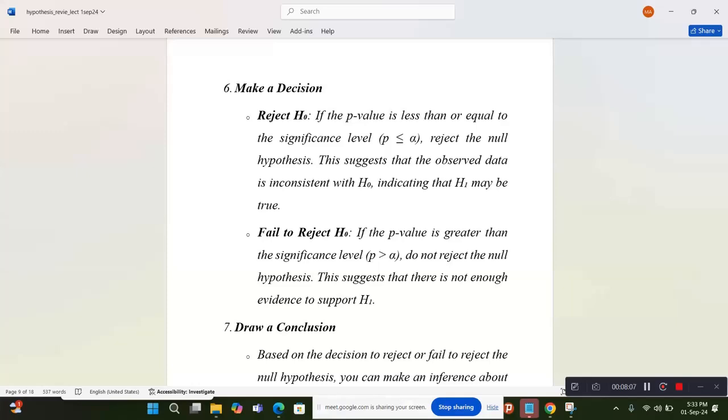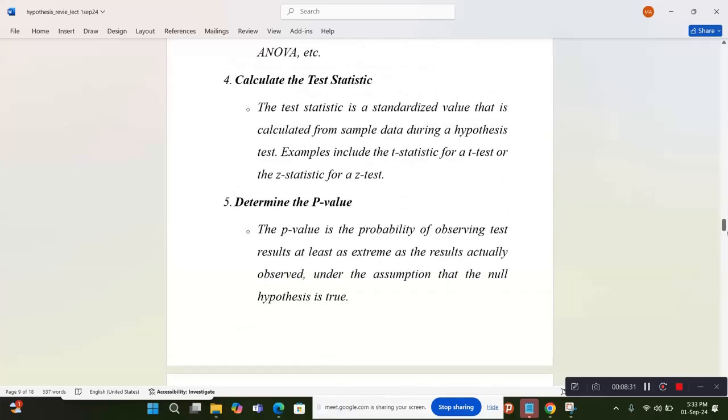You fail to reject H naught if the p-value is greater than the significance level, for example p greater than alpha. Maybe you've gotten a p-value greater than 0.05. Then you cannot reject the null hypothesis, and it suggests that there is not enough evidence to support the alternative hypothesis.